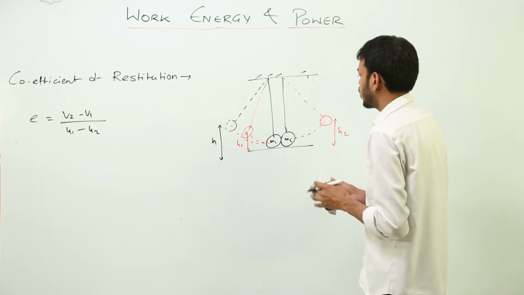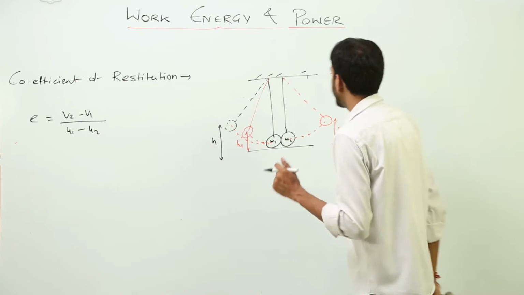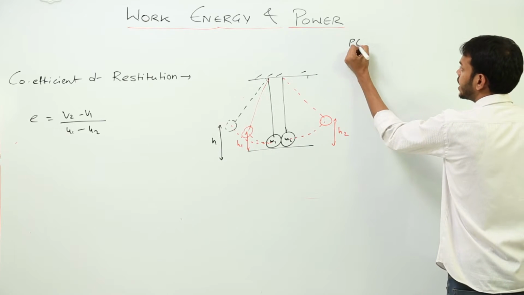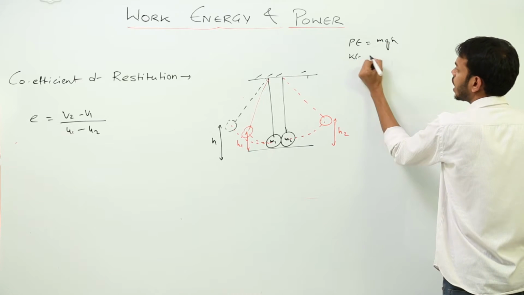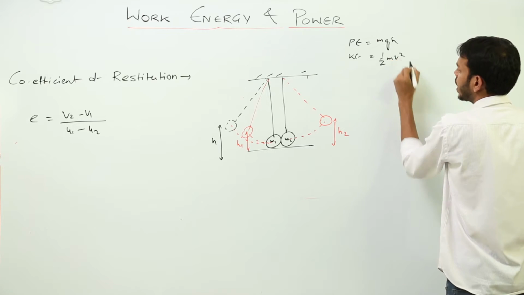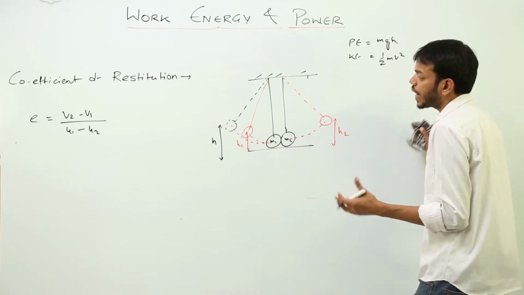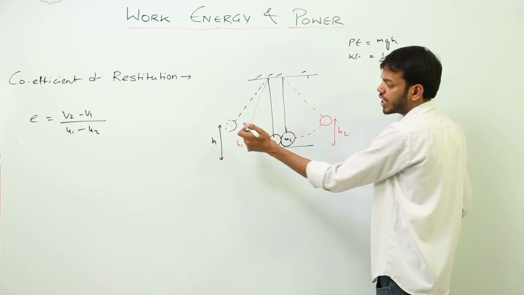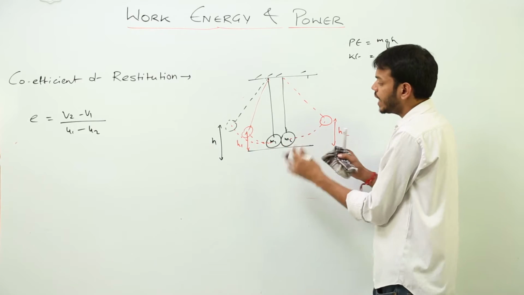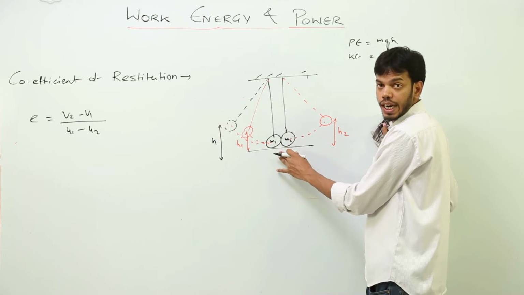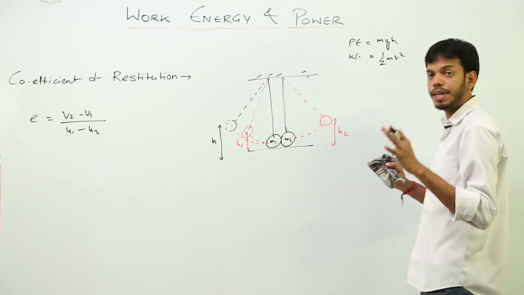Simple. So we also know a formula between potential energy and kinetic energy: potential energy is mgh and kinetic energy is half mv square. But according to the law of conservation of energy, whatever energy is possessed by this body at this height will all get converted into kinetic energy at the lowermost point, right? So potential energy is getting converted into kinetic energy, but overall energy remains the same.